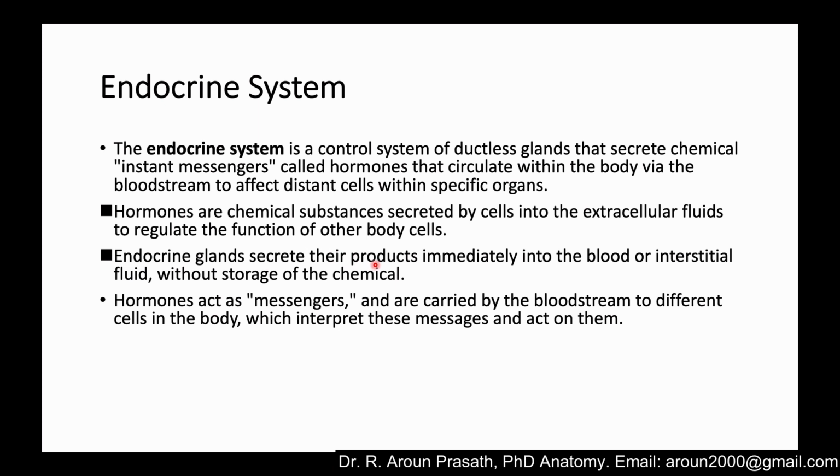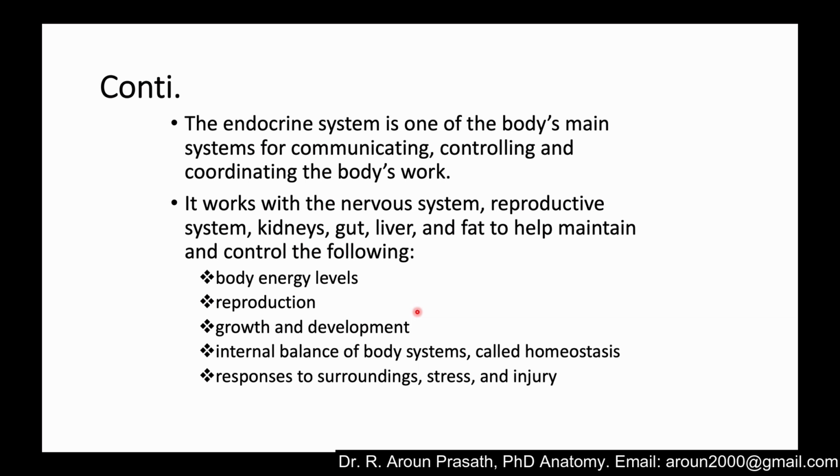The endocrine glands secrete their product immediately into the bloodstream or the interstitial fluid without storage of the chemicals. Hormones act as messengers and are carried by the bloodstream to different cells of the body, which interpret these messages and act on them. So this is the basic thing you have to understand: endocrine glands give their secretions into the bloodstream, and through the bloodstream it reaches different cells for different types of functions.